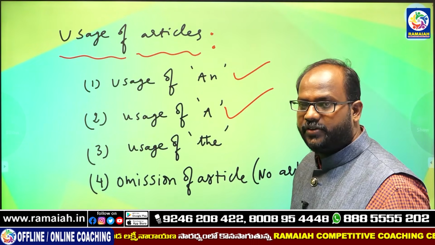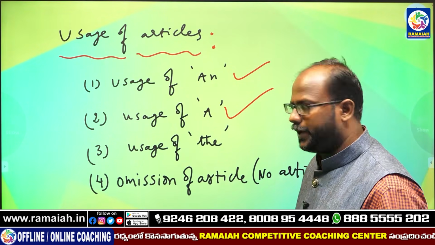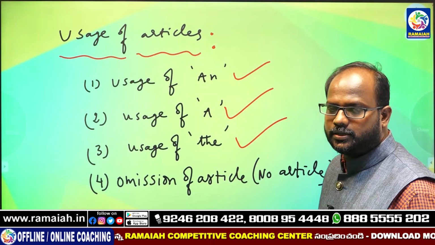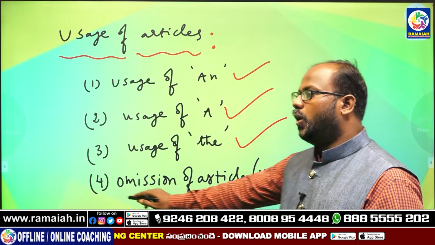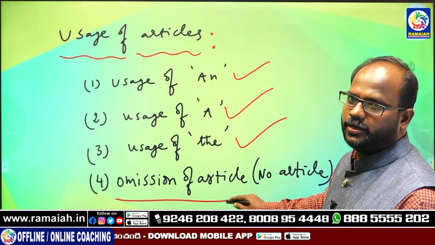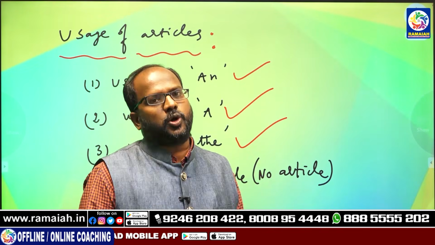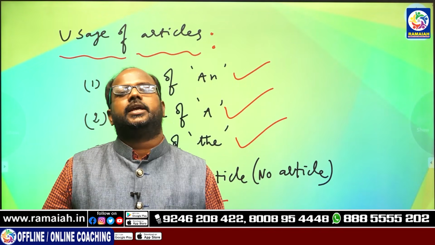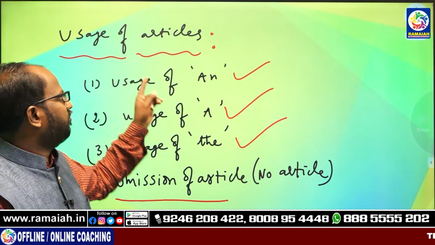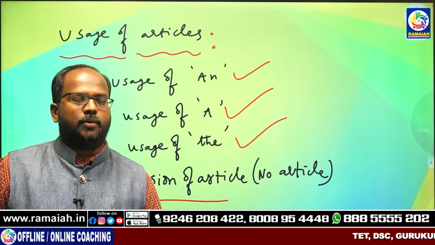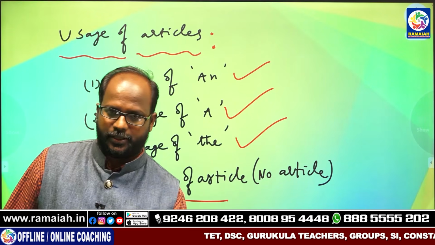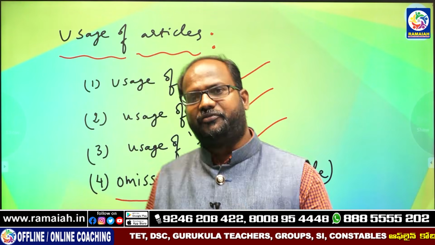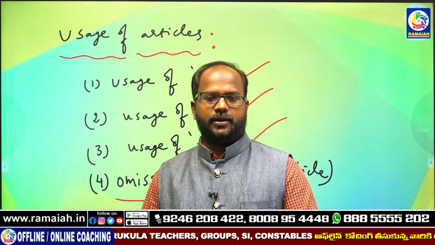Usage of a, where should we use article a. Usage of the, where should we use article the. Then omission, avoiding article, no article. Module 1, usage of an. Module 2, usage of a. Module 3, usage of the. Module 4, omission of article.